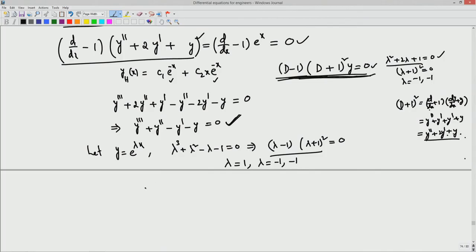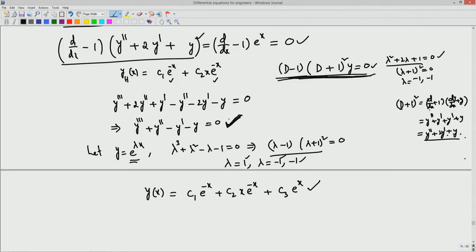So you can write y(x), y homogeneous, will be c1 e^(−x) + c2 x e^(−x) for these two roots, because −1 is a repeated root, plus the third root will have c3 e^x, because that is how you look for your solutions. This is your general solution of this third order equation.